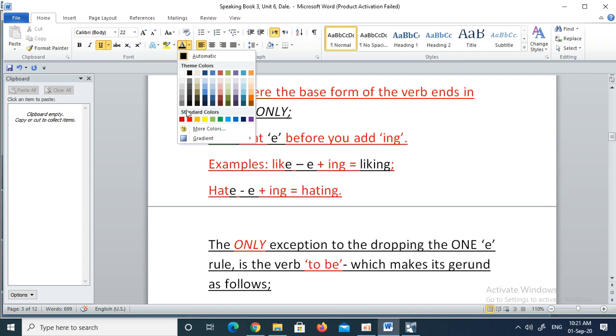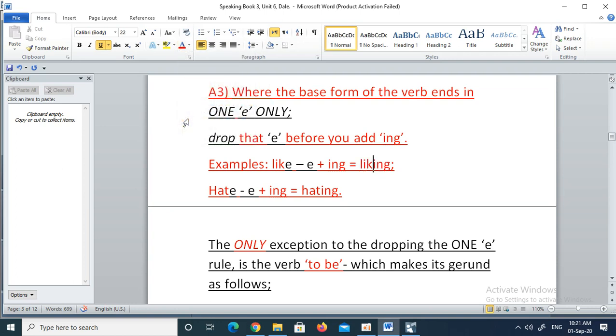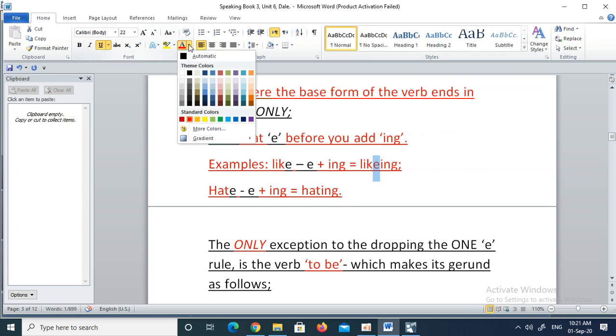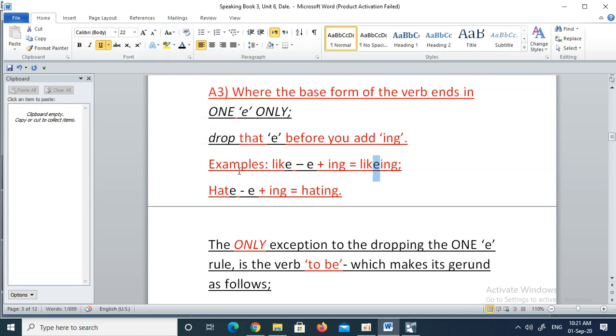Please note, liking does not have an E in it. That is incorrect. Okay. If our base form is hate, it ends in an E, so we drop that E, then we add the suffix ing, and it becomes hating. Once again, E should not be in the gerund. It falls away. If there is one E only, you drop it.